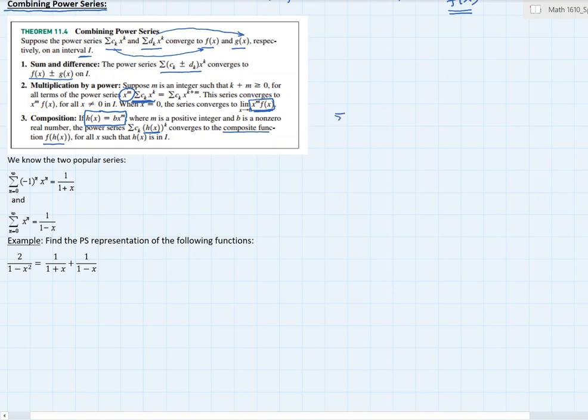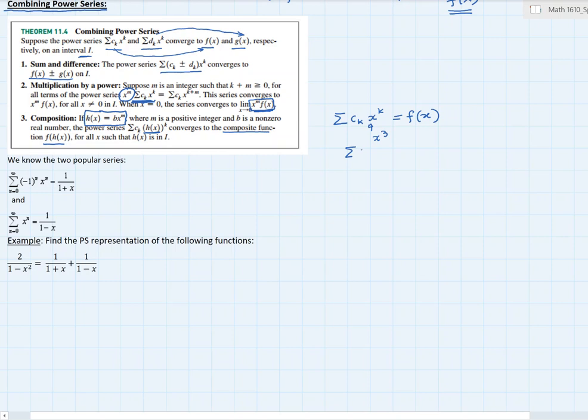Suppose you have a power series sum of ck x to the power k, and this converges to the function f of x. So now instead of x, suppose you write x cube.